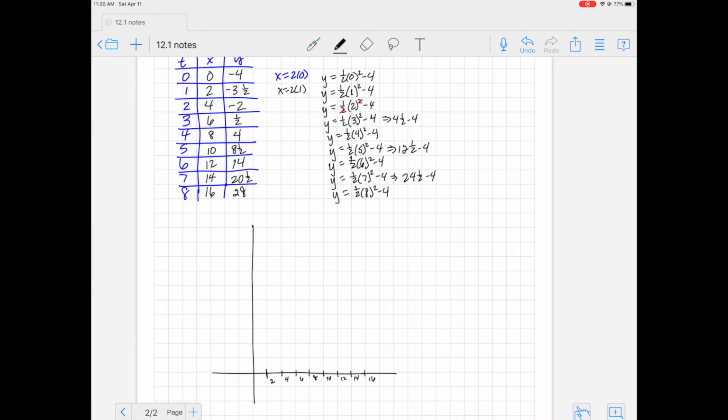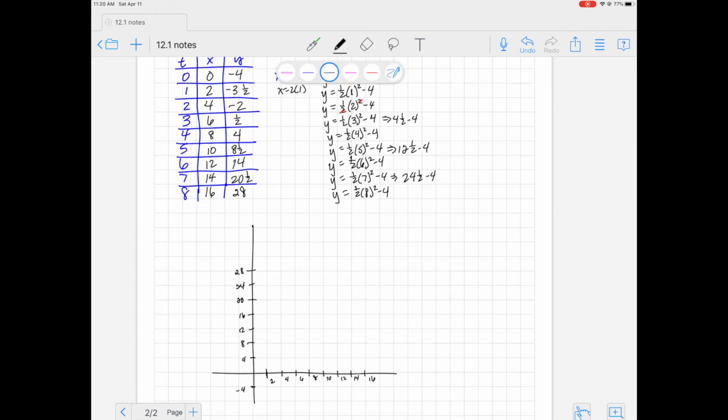I think I'm going to go by 4s on that because I got to go all the way to 28. So this down here is going to be -4. And that would be 4, 8, 12, 16, 20, 24, 28.